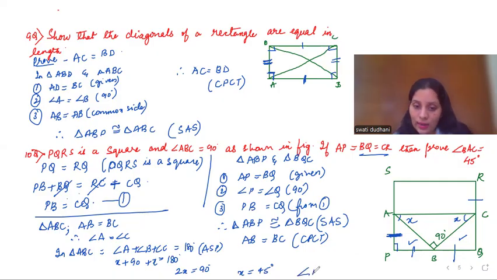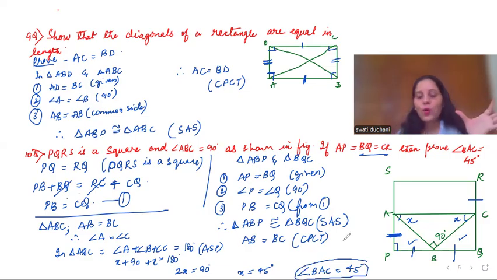What is X? Angle BAC is 45 degrees. This is what we had to prove. I hope this is clear. So always focus on what is given to you and what you need to prove. If you focus on these two criteria again and again, you will definitely get some idea on how to do the question.